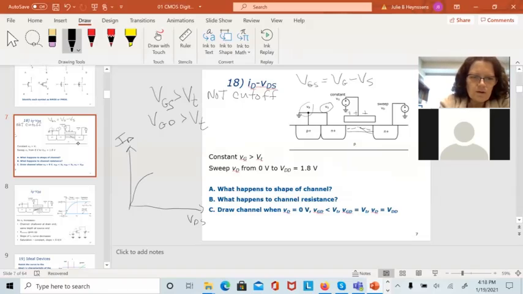If we look at our curves, this is what we typically call saturation. In saturation, I have a high VDS, which means I have a high VD. If I have a high VD, I have a low VGD.